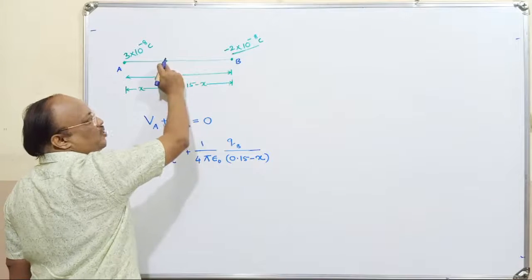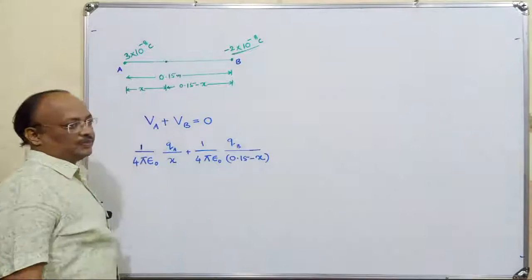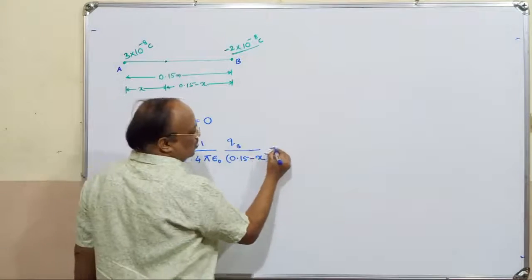Potential at this point due to this charge B. It is equal to 0.